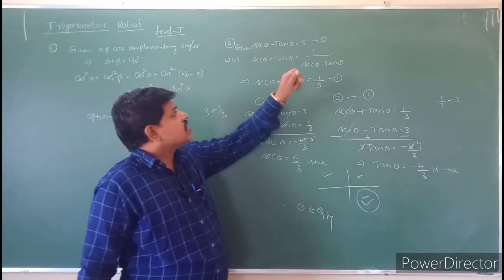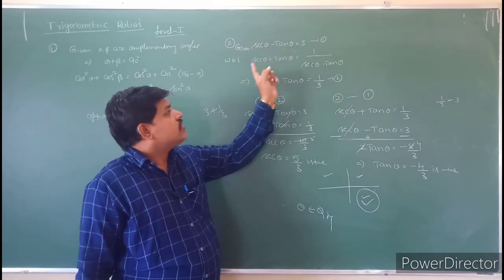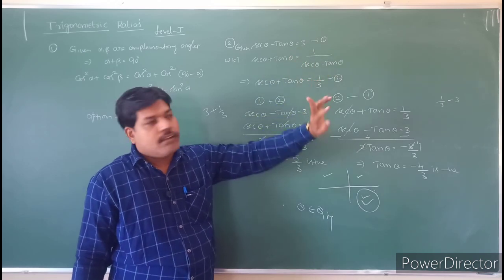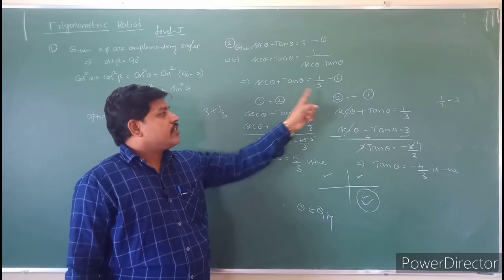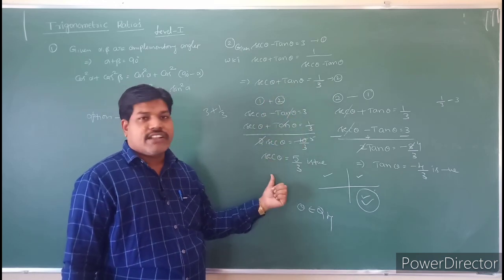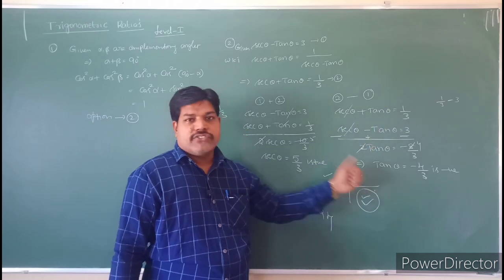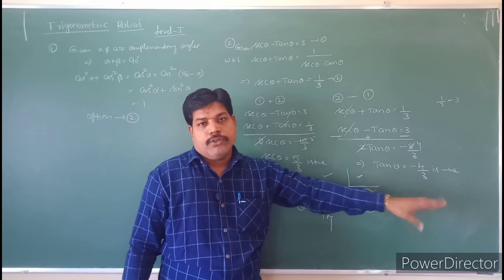See this question once again, students. Secant theta minus tan theta is equal to 3. So secant theta plus tan theta is equal to 1 by secant theta minus tan theta. I already know this value, just replace the value. Take 1 plus 2, you will get the secant theta value. Take 2 minus 1, you will get the tan theta value. Secant is positive and tan is negative.